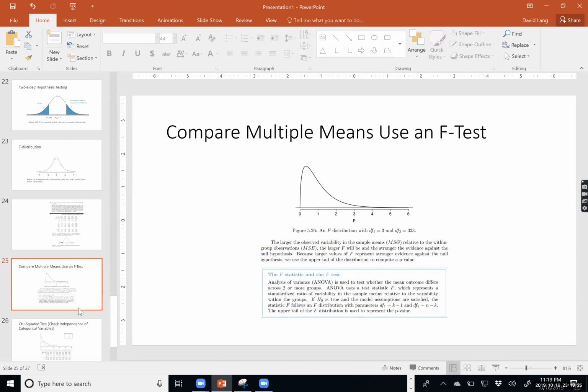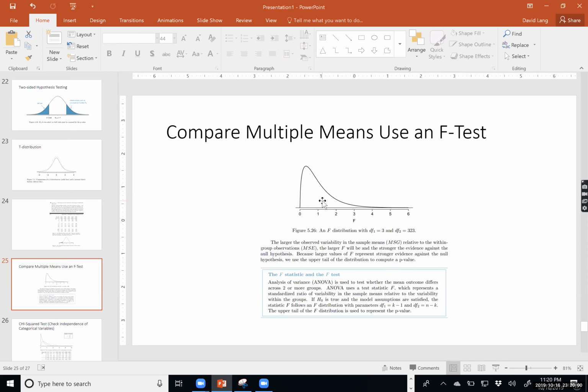The other statistical test that you're going to be using a lot is not just comparing, say, one mean, but possibly multiple means. And for that, you use something called an F-test. And again, we aren't going to get too much into the mathematics of that, but what I want you to understand about the F-test and its associated distribution is that unlike, say, our normal distribution, it's not symmetric and it's also skewed.